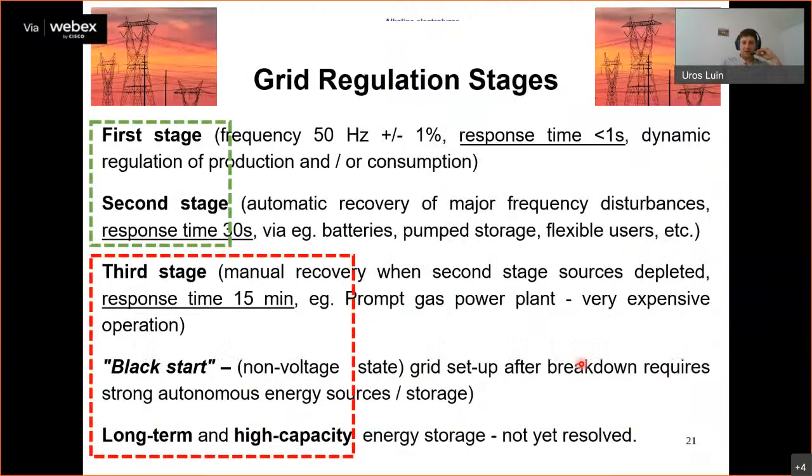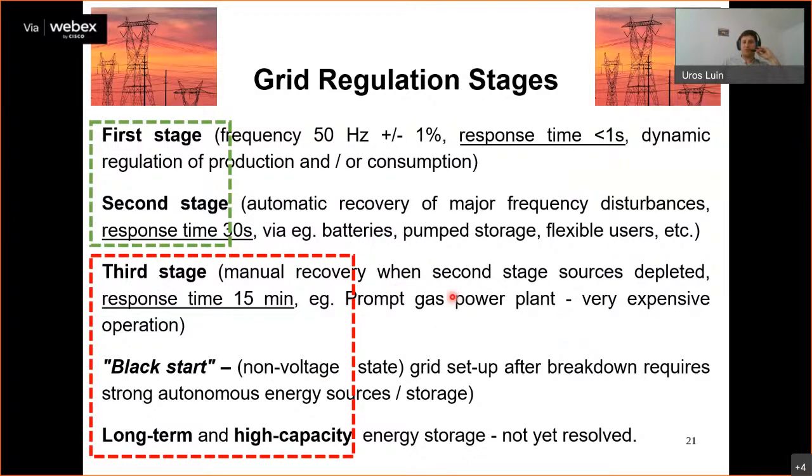So the grid regulation stages, Professor Valent already described very well. What I want to add here is just based on what you saw now. The first and second stage are already covered by technologies that are present, mature, and developed, and they are already used for the first and second stage of grid regulation. But for the third stage, we want to get rid of these gas power plants.